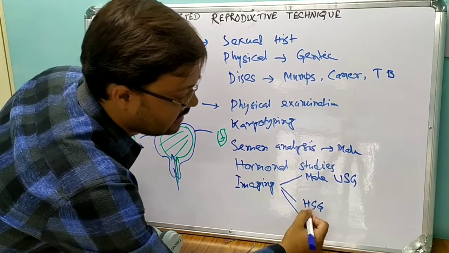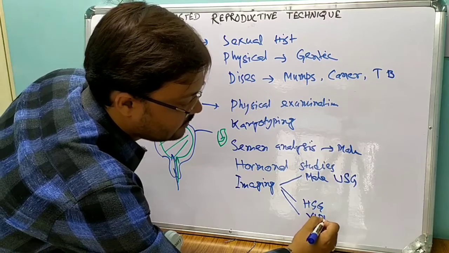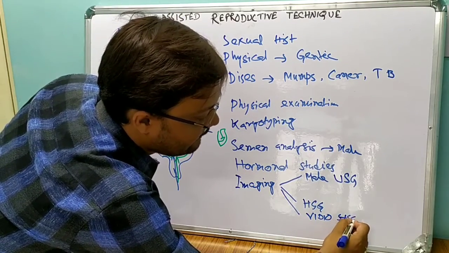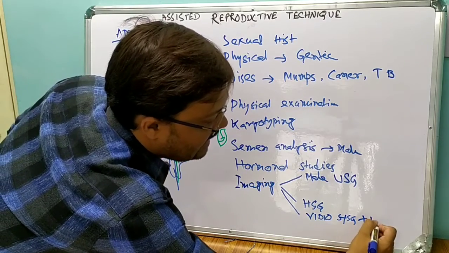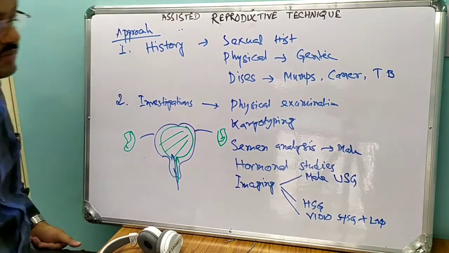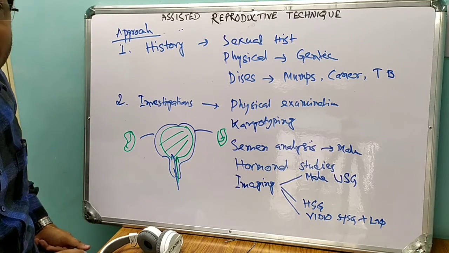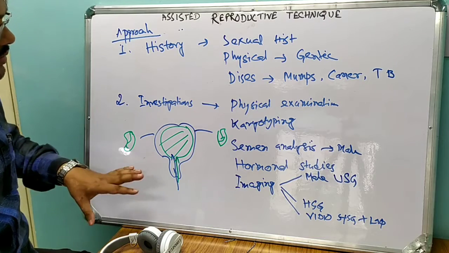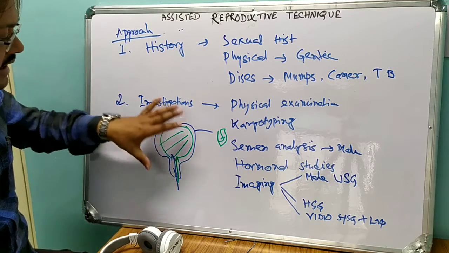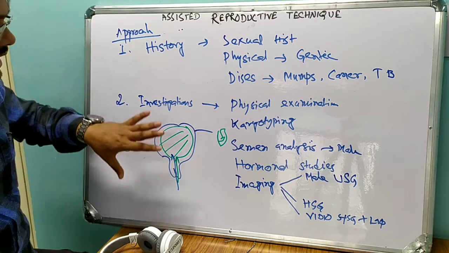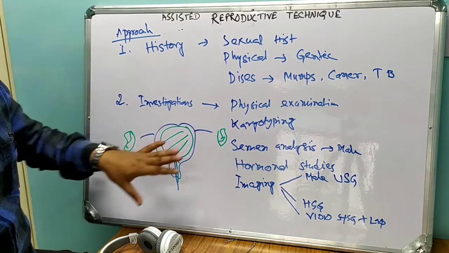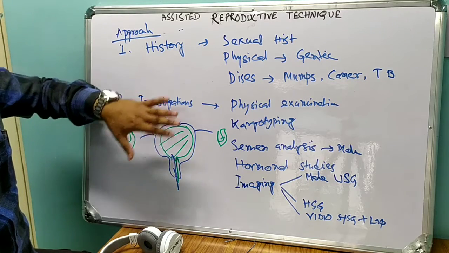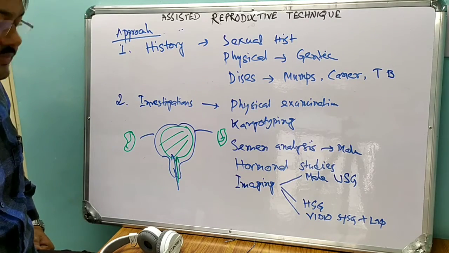So what else can you do? You can go for video hysteroscopy with laparoscopy, which will give you a real-time view of the internal part of the uterus as well as the external side of the uterus within the abdominal cavity.